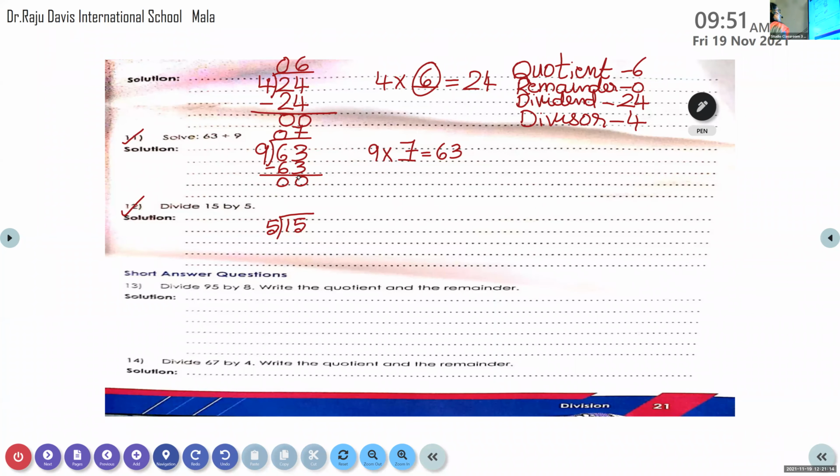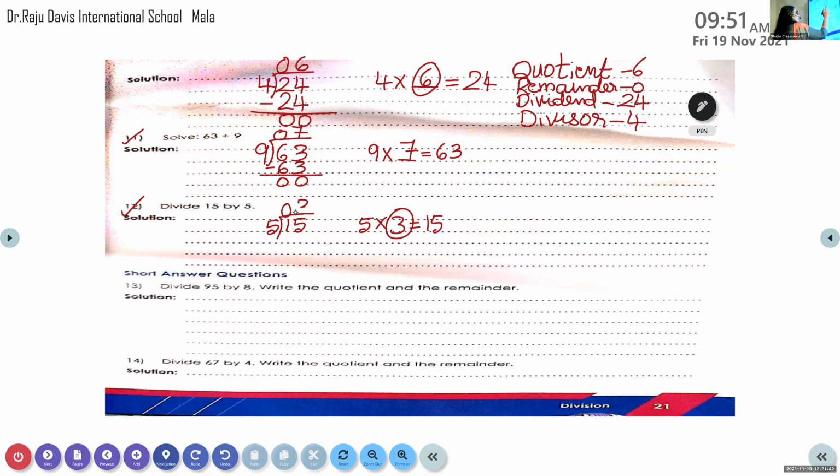Then next one, 15 divided by 5. Let's compare 1 and 5. Yes, you have to put a 0, then 15 has to be taken together. Then we have to check 5 into what is 15. Yes, 5 threes are 15. So this 3 will go up, isn't it?